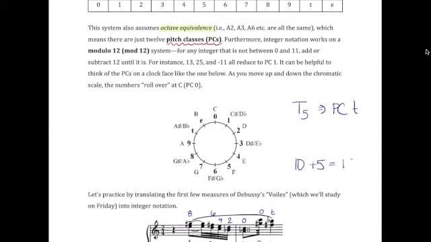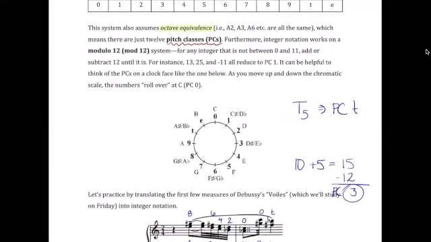That gives you 15. That's more than 11. So you're going to add or subtract 12. We're going to subtract 12, and that gives us 3. So pitch class 10, if you do T5 to it, gets you to pitch class 3. That's one way to go about this.